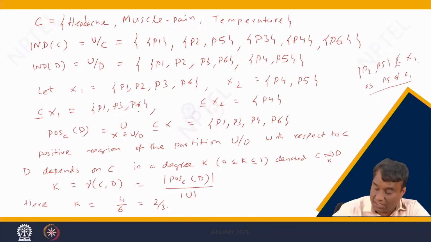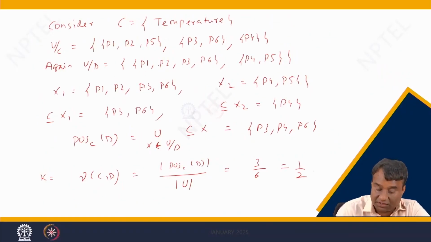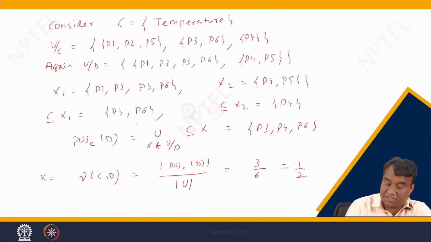Now if you take the subsets of the temperature classes, P1, P2, P5 will not be there, so you will get only P3 and P6, because {P1, P2, P5} is not a subset of that. For X2 we get only P4. So the positive region is the union of all the lower approximations, that is P3, P4, P6. Here k equals 3 divided by the total number of objects, that is 6, so it is 3 by 6, that is half.